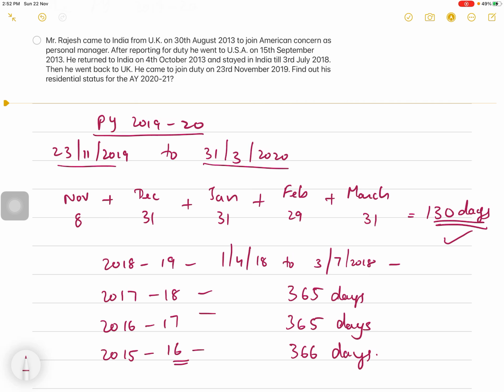From 1st April 2018 to 3rd July 2018, that is April 30 days, May 31 days, June 30 days, and July 3 days. So 30, 60, 90, 93 days.